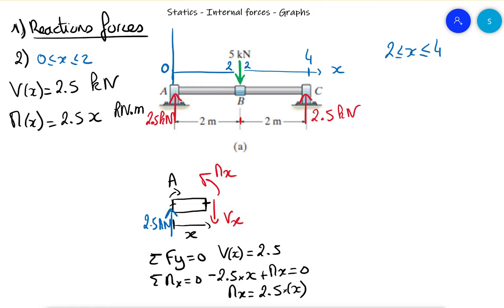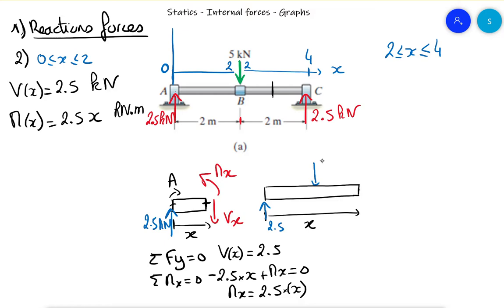Now between 2 and 4, let's cut there. We have our structure like this. Now x is between 2 and 4. We have 2.5 kilonewton.